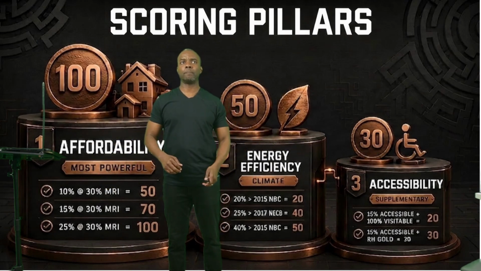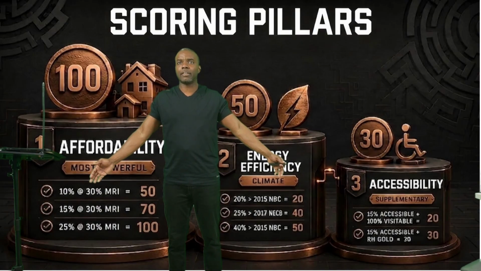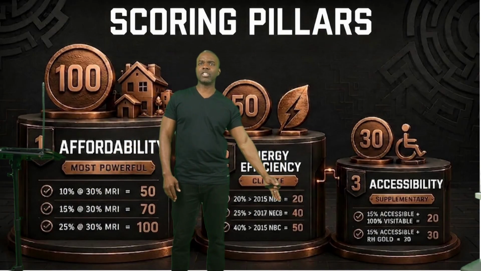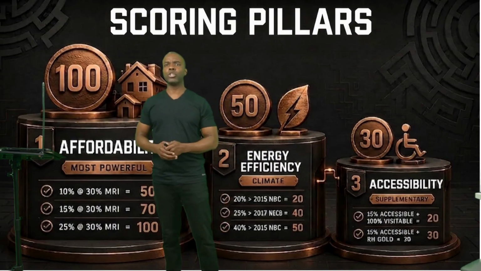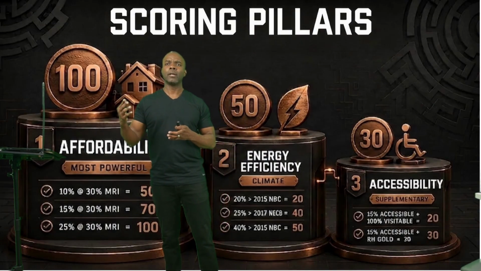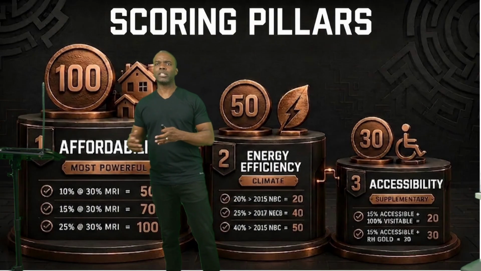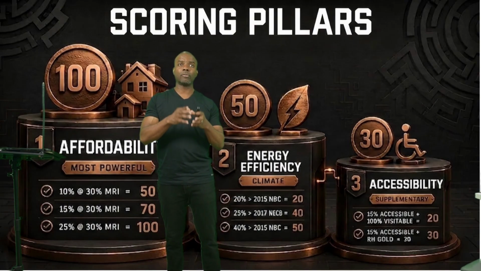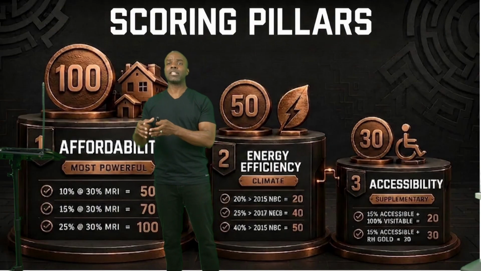So what you're looking at there is basically adding 50 points from the affordability side, and then on the energy efficiency side, it gets a bit more nuanced. But just to keep things really short here, if you're going for 20 points, meaning you're trying to reduce the actual energy usage of the building from the reference building by 20%, you can get 20 points.